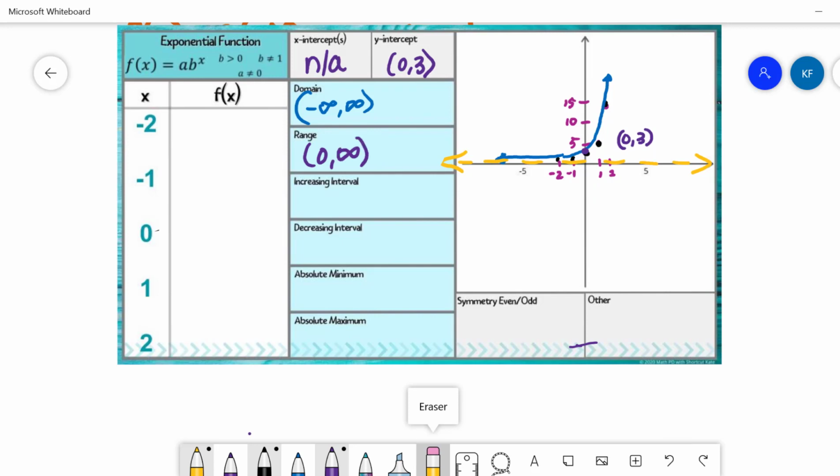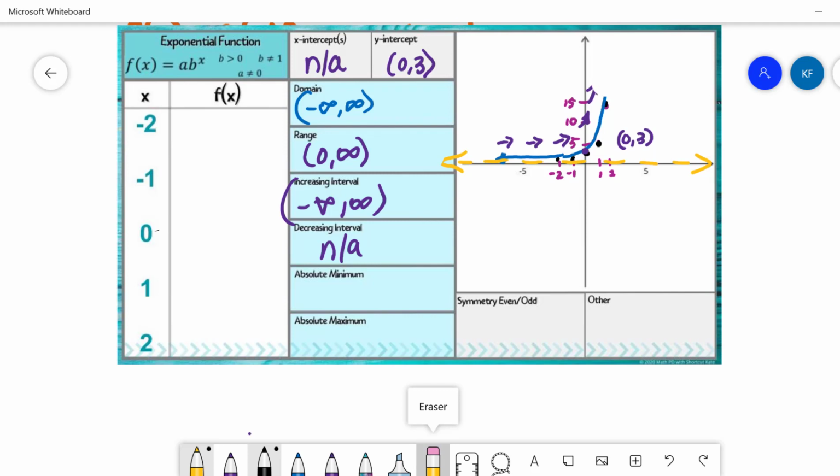All right, where is the function increasing? Well, I'm going in this direction. So if I was to draw those little arrows, I'm now increasing everywhere on the domain. So it's -infinity to infinity. I'm not decreasing anywhere because I'm increasing everywhere.